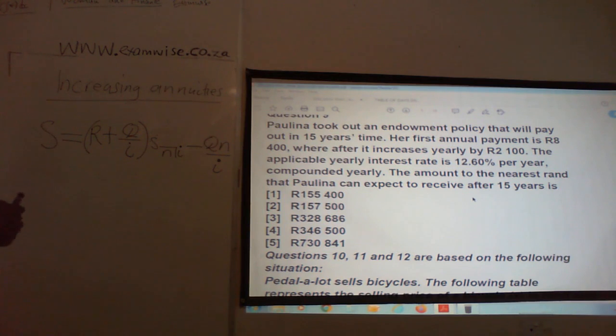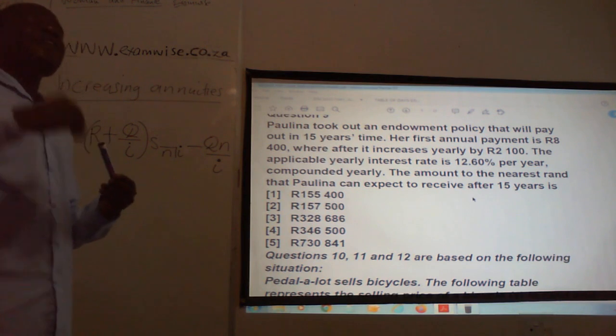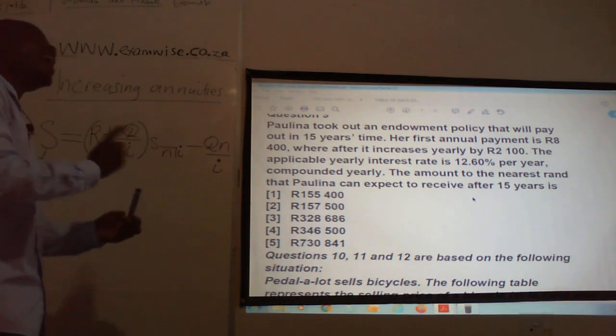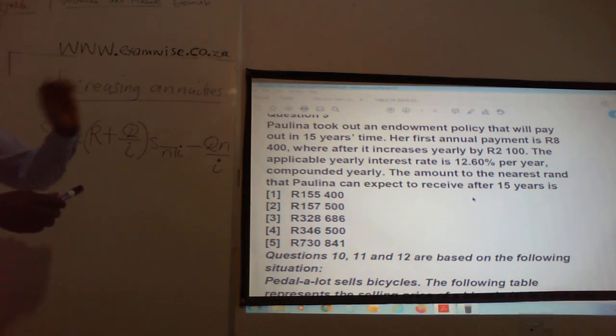So let us interpret the variables. S here is our future value. Future value and the sum accumulated are the same. We can either use FV or S. Under formulas we normally use S, but on the financial calculator we use FV, but they are the same.